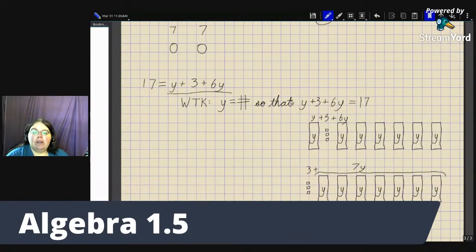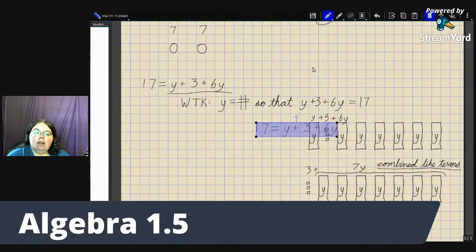So what we've done here is we've combined like terms. Combining like terms is a thing we often do in algebra because it makes a new expression that's tidier and easier to work with. So out of this equation, we can combine these two terms and get 7y.